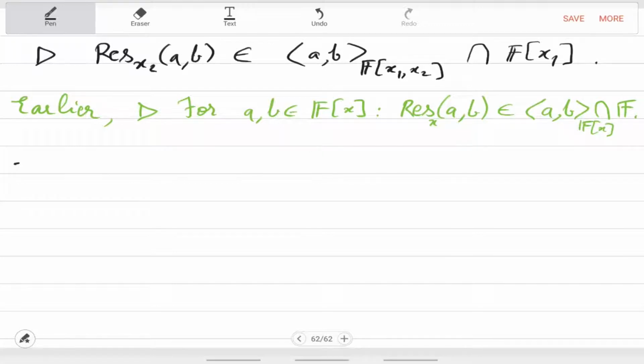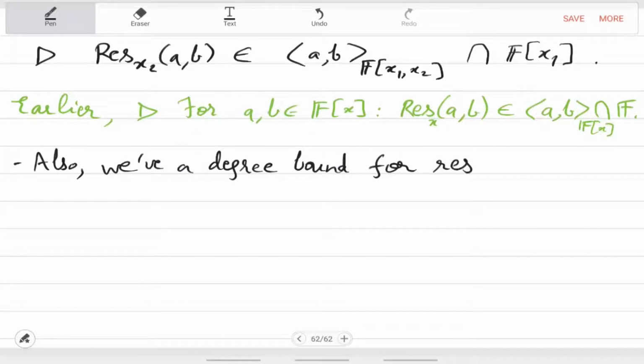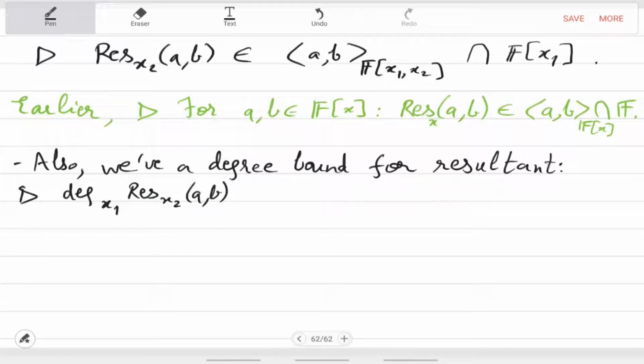And what is the degree of the resultant? The degree of the univariate resultant, which is a univariate polynomial in x1, is at most something.